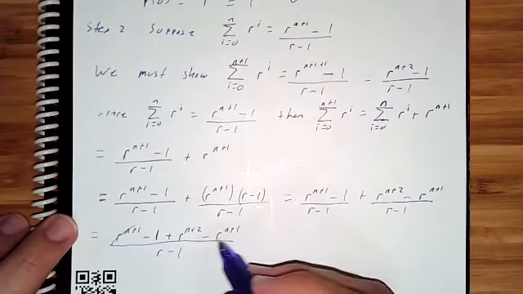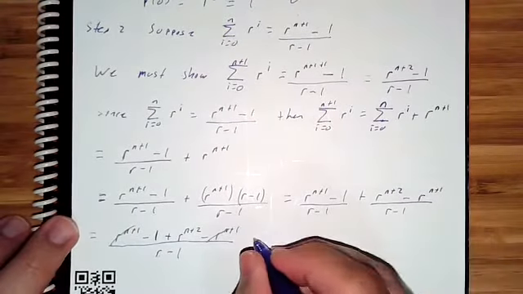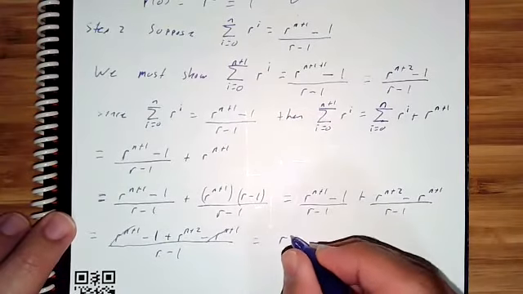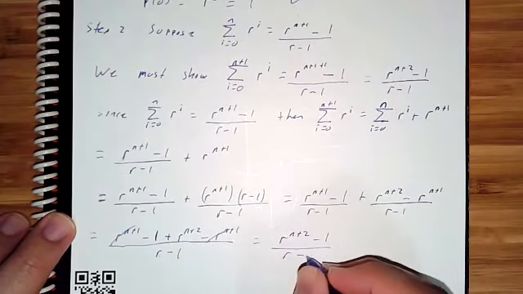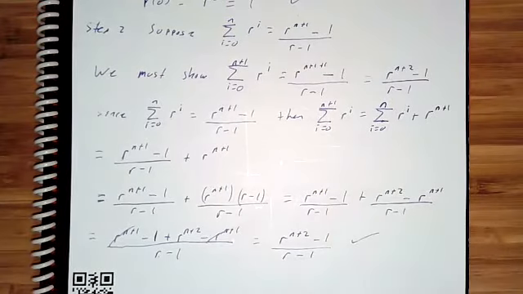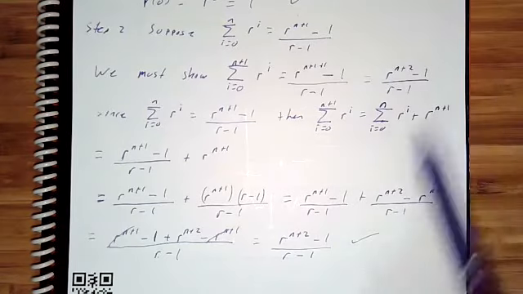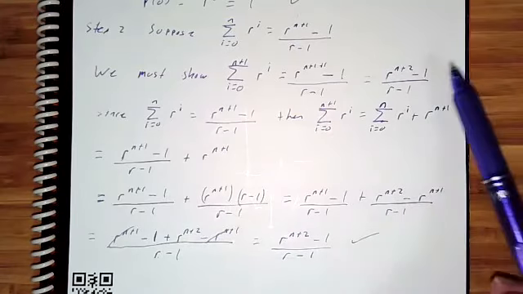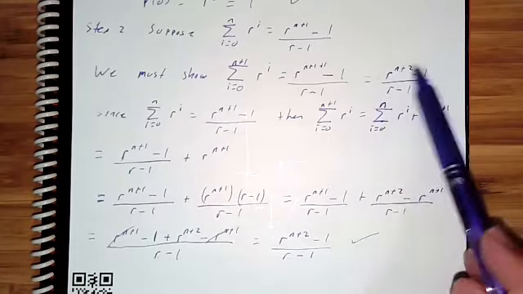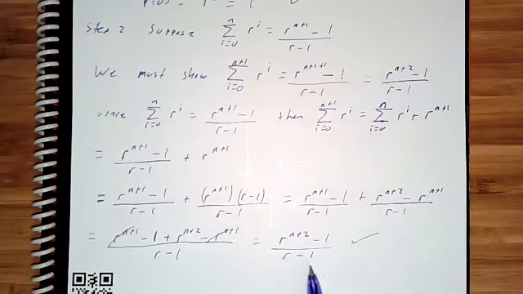So these are gone once I have the fractions, which will give me R to the n plus 2 minus 1, which is what we wanted to show. Right? Let's see here. Yeah. So we showed that adding one more term is equal to this. So we must show this, and we did. Okay, so we did induction.